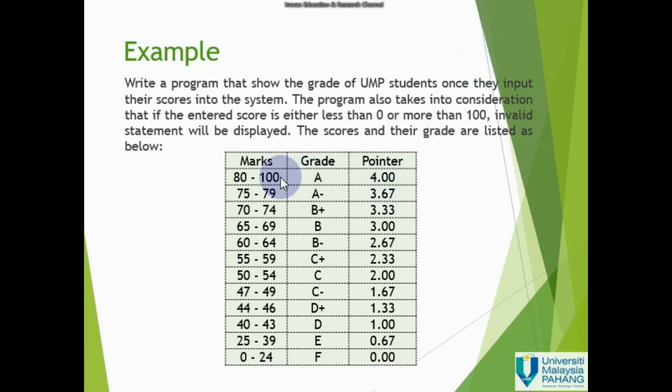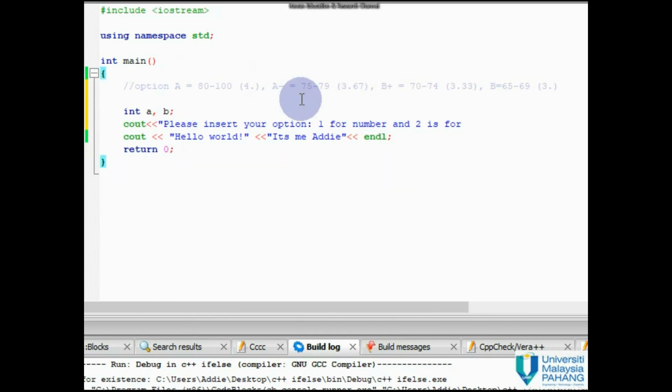We take only 4 grades from here, until B. So our code will concentrate on giving the output from grade A to grade B.